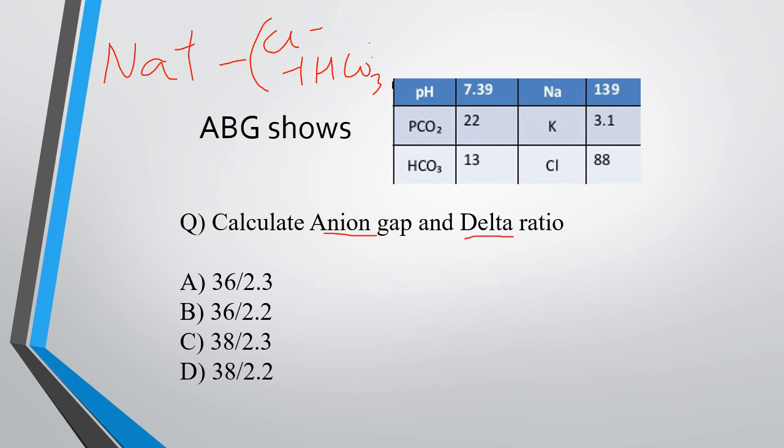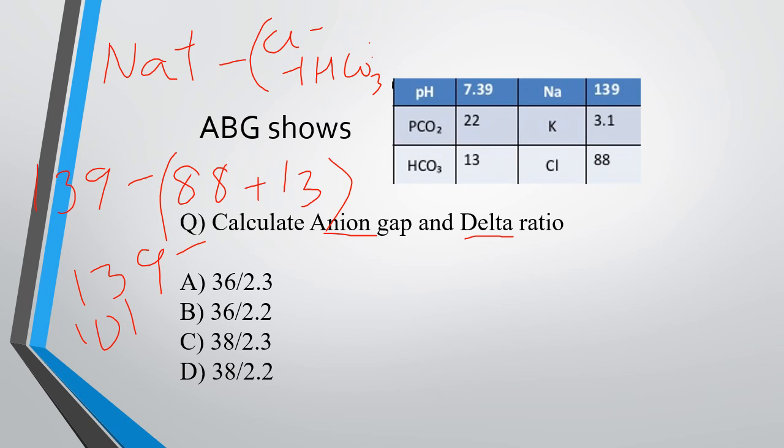So what is the value here? 139 minus 88 plus 13. So 139 minus 101, that is 38. So that is the anion gap.